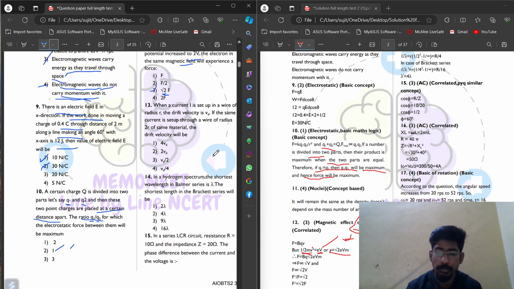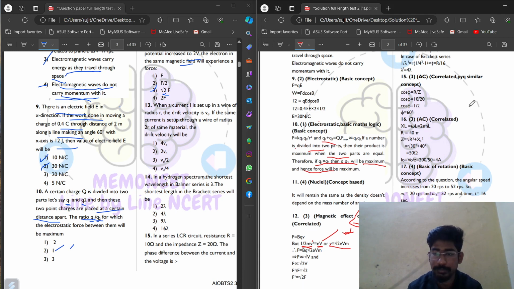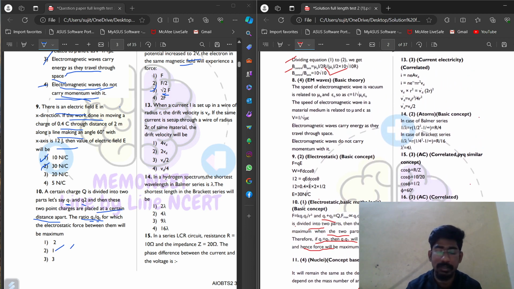Okay, moving on to the next question. When a current I is set up in a wire of radius r, the drift velocity, from the current electricity chapter, the formula is given by I equals nEAvd. Here is a funnier way to remember it.